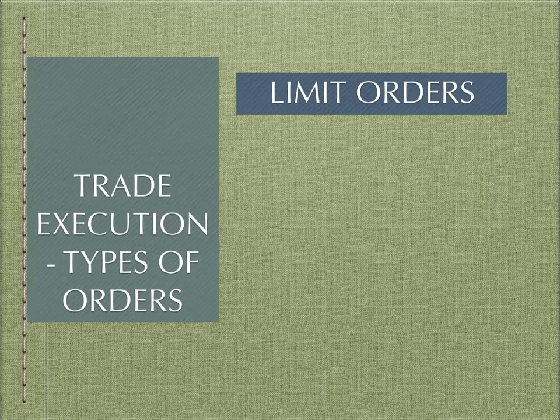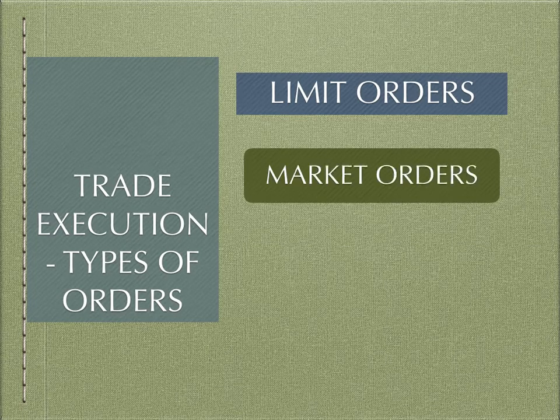If you add a price to it, the order will get executed only at that price or better. Okay? If on the other hand you don't add a price to your order, it's called a market order. Then at what price will the order get executed? At the LTP, that is the last traded price.